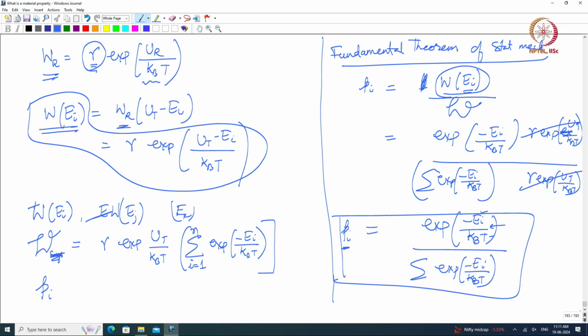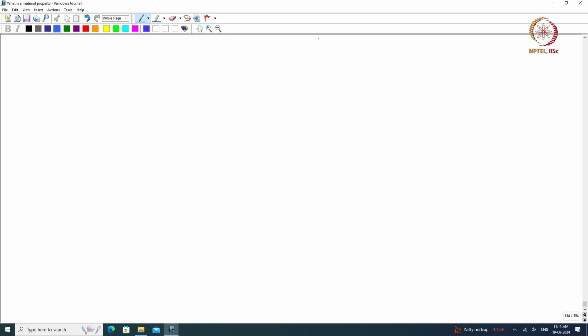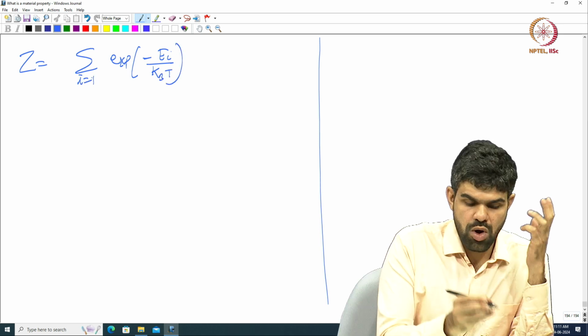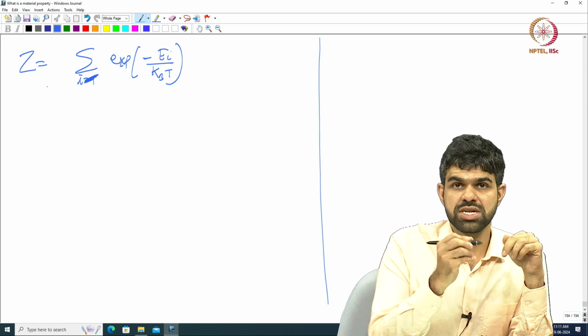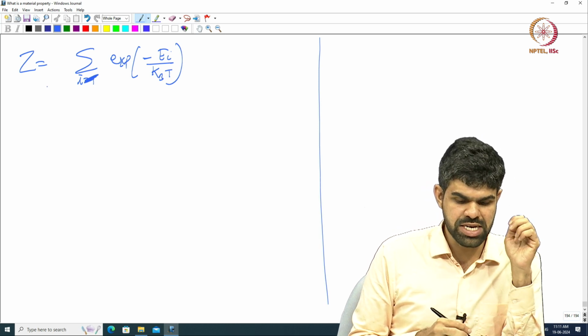Okay. Now, look at the denominator, which I am going to define as Z, sigma exponential minus Ei by kBT, right. Now, I equal to 1 to all the number of, so it is a summation over i, all the energy states, right.